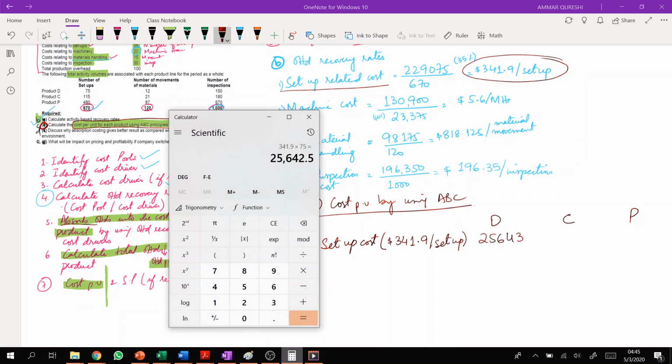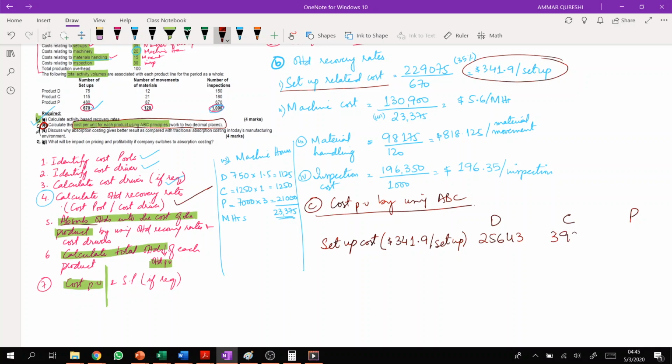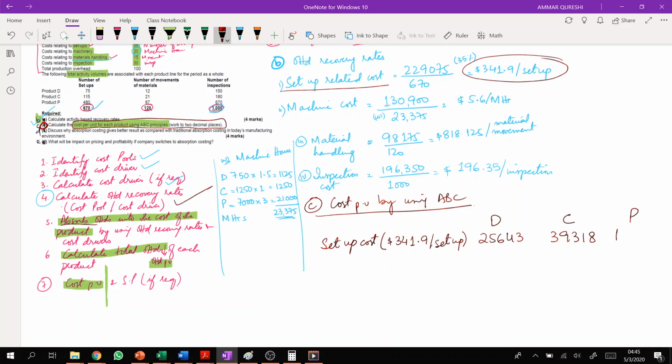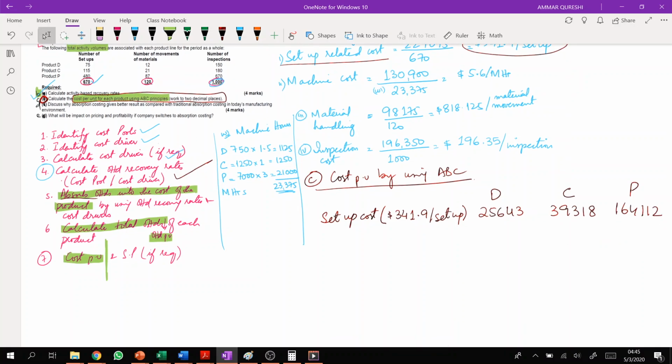For product C, the same figure 341.9 will be multiplied by 115. So this will be 39,318.5. And then 480 times 341.9, so it's around 164,112.